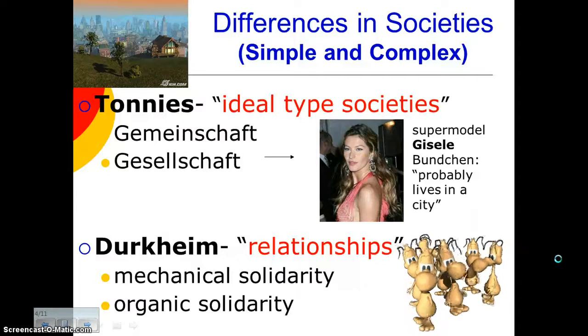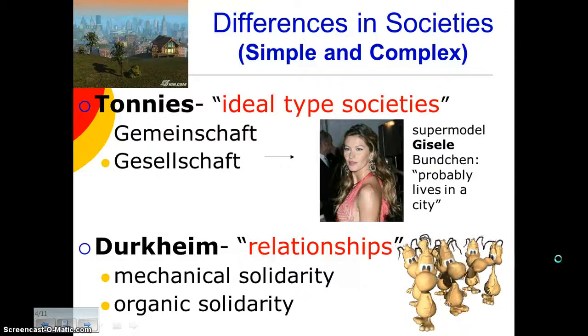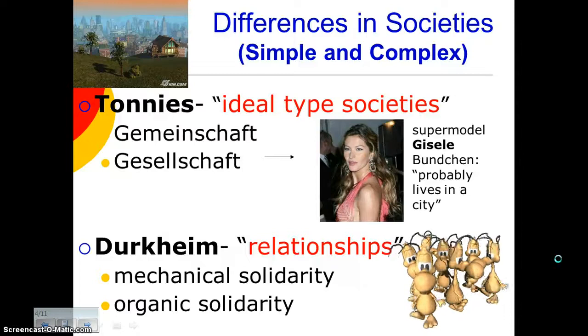Now, he believes there's still cohesion, but it comes more from a division of labor in that society. In other words, we need each other because of those labor differences. So that's what we talk about in terms of Gemeinschaft and Gesellschaft.